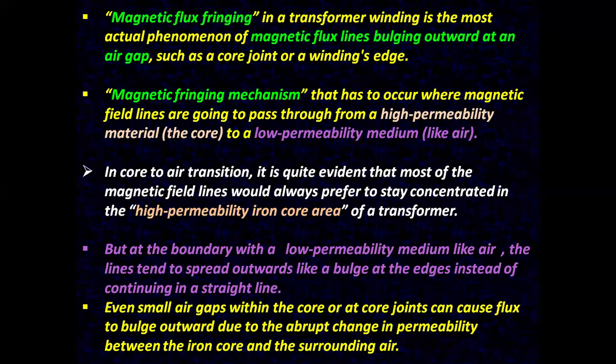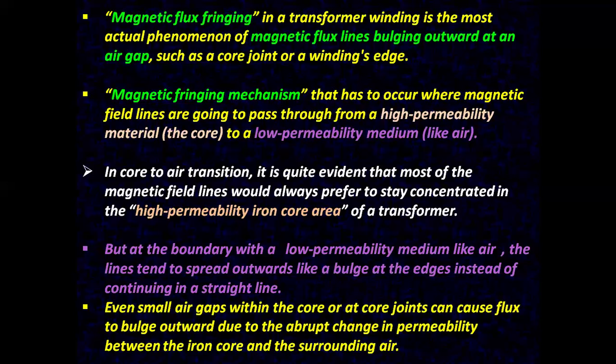In the core to air transition, it is quite evident that most of the magnetic field lines always prefer to stay concentrated in the high permeability iron core area of the transformer.